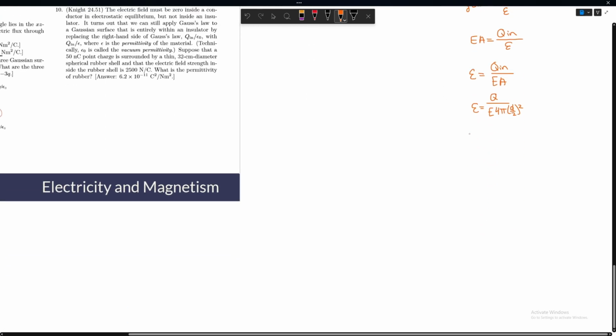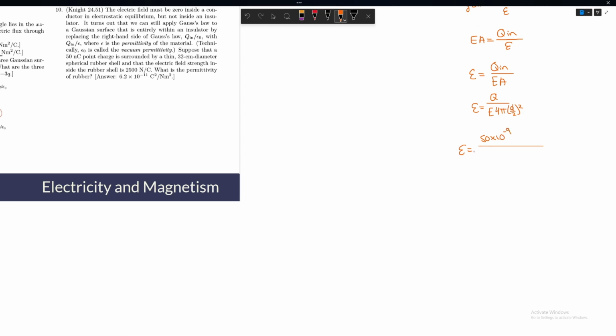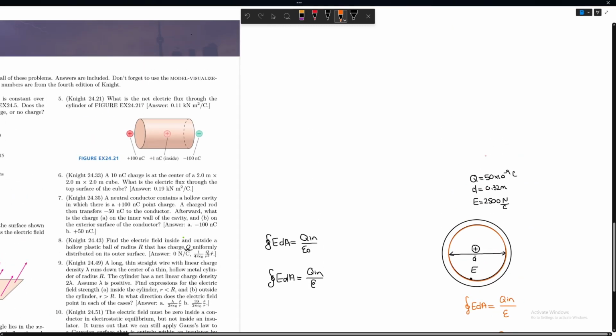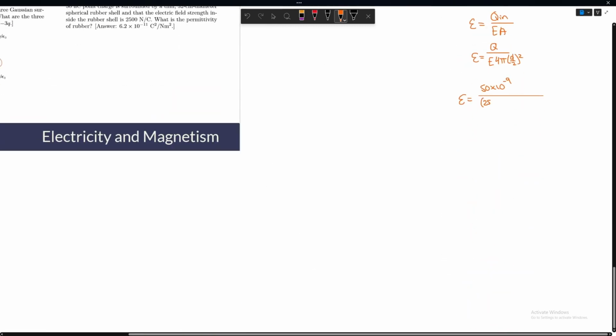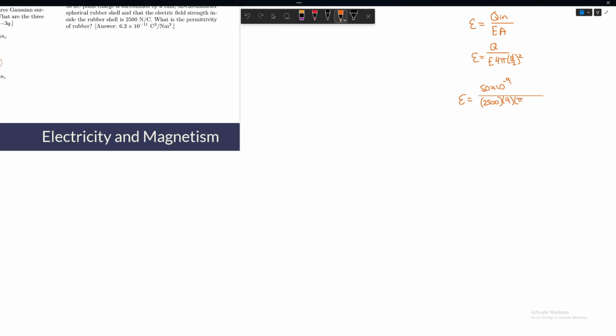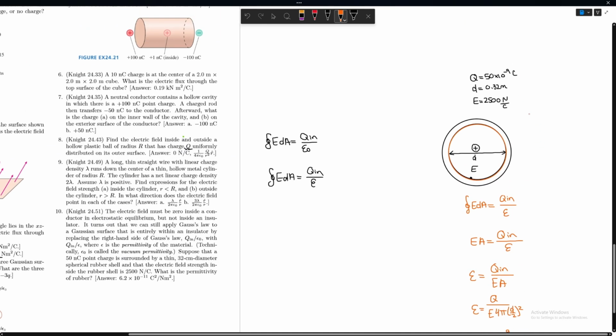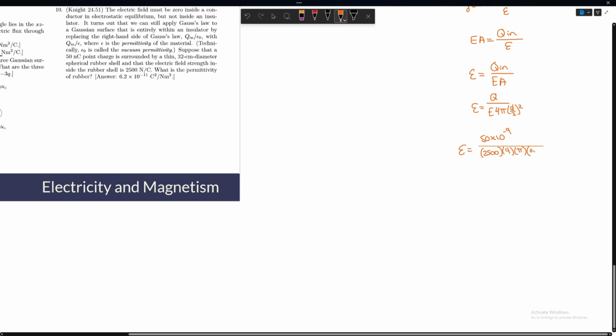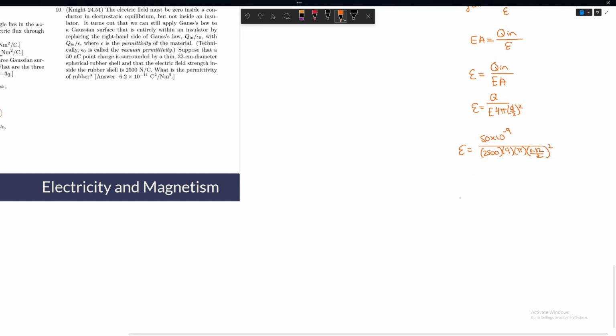And so applying everything here, what I'll get is epsilon equals my charge, which is 50 nanocoulombs, all over my E, which is 2500, times 4 times pi, all times D, which is 0.32 divided by 2, all squared. And let's see what we got the permittivity to be.